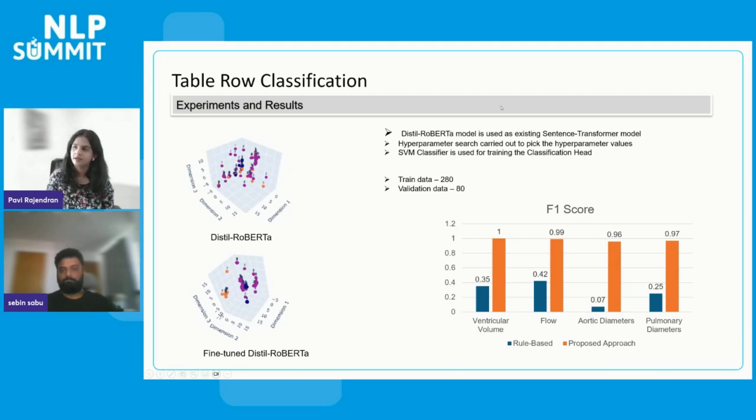This data was picked from the 10-year data, randomly across the 10 years to keep track of the heterogeneity. And as you can see, we get a significant boost in performance with the few shot learning approach. The rule-based approach was able to do something, but it wasn't up to the mark.